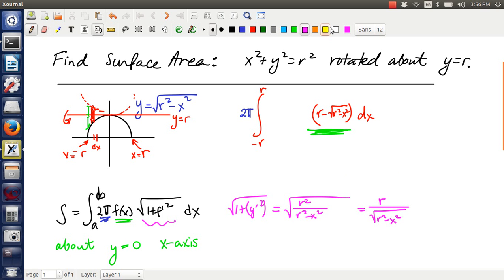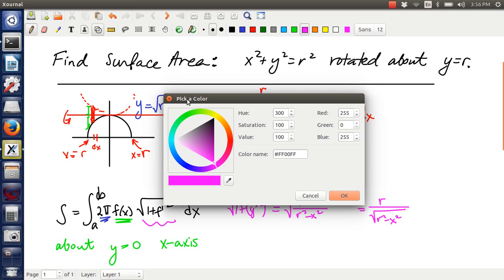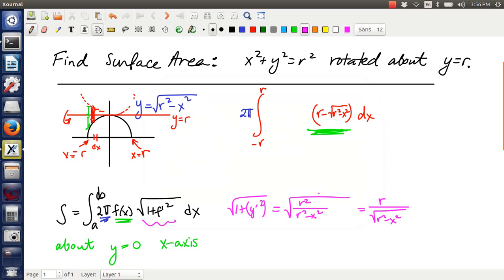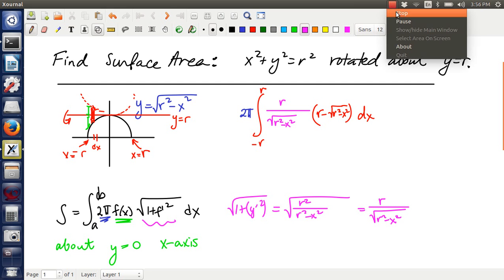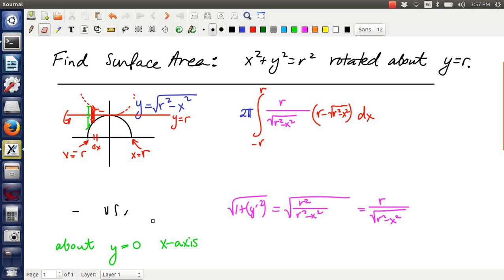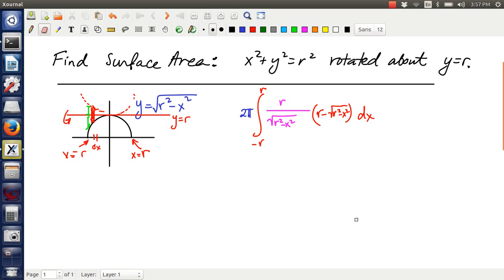So let's put it in here. How did I get that? Okay, so I need to put r over this mess, and then we've assembled our integral. Okay, so I don't really know what to do next, so I'm going to just continue and hope I end up in a place that looks familiar.